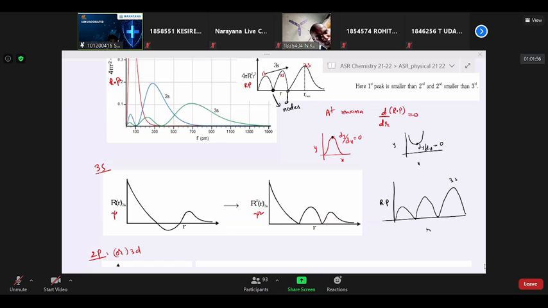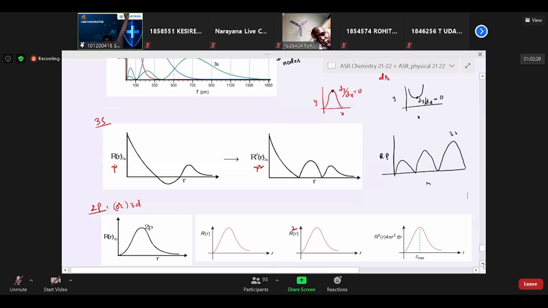3D graphs are similar. I mean the representations are similar, but the distance is variable. R max for 2p and R max for 3p or 3D are not the same, but their notations and representations are the same. I already told you the S orbital starts from maxima to 0.